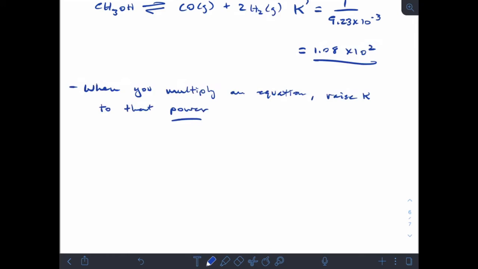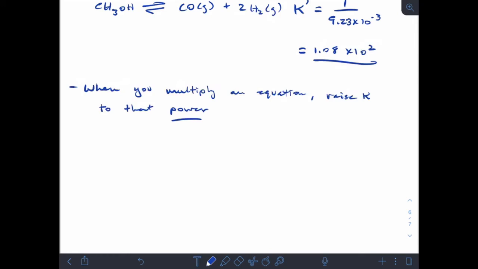So previously, when we were doing things with Hess's law and delta G and things of that nature, whatever you do to your equation, you do exactly to the value of enthalpy or delta G or S or whatever. When we're dealing with K, we have to deal with powers and inverses and roots and things of that nature.